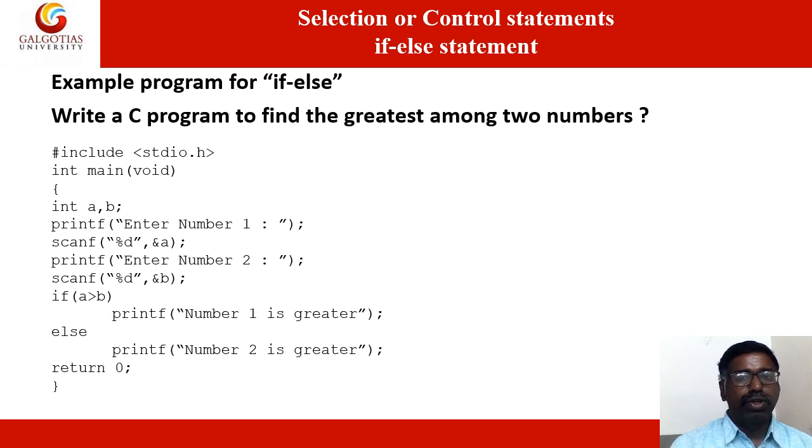Now what decision are we going to take? If a is greater than b, then a is the biggest number, else what happened? b will be the biggest number. So we construct the if else statement like this: if a is greater than b, print number 1 is greater, else number 2 is greater.